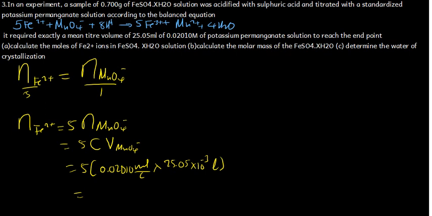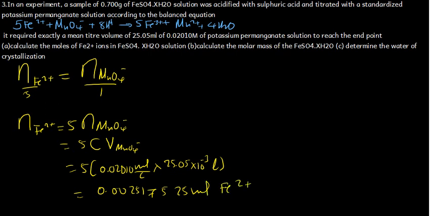So that is 5 multiplied by 0.02010, multiplied by 25.05, multiplied by 10 to the power negative 3. The number of moles that we are supposed to find is 0.002517525 moles of iron 2+.